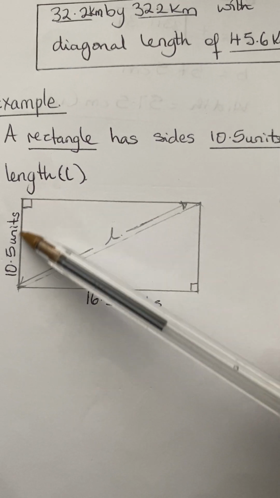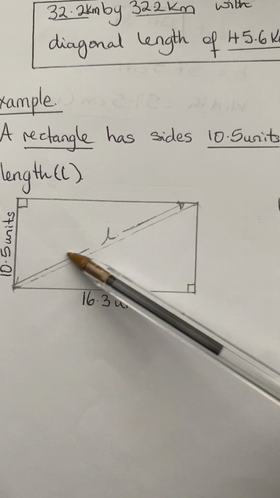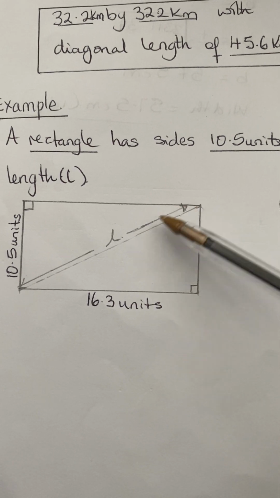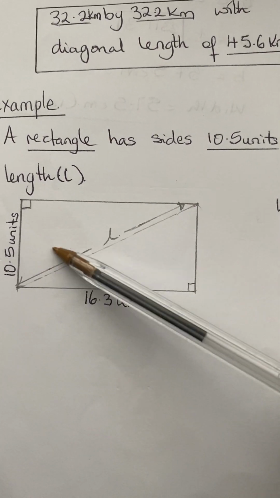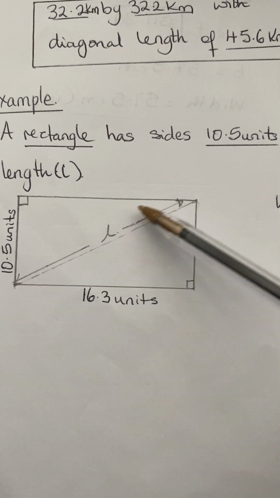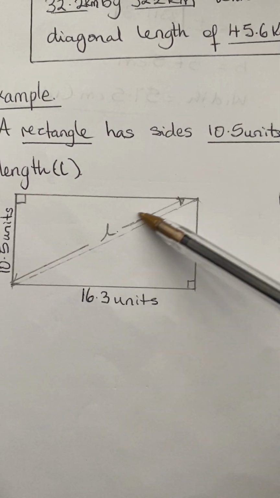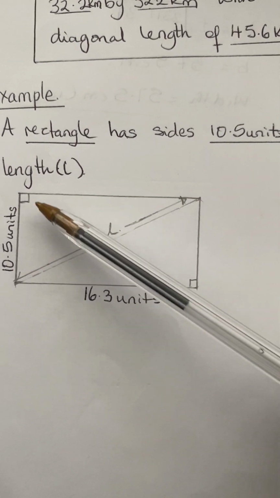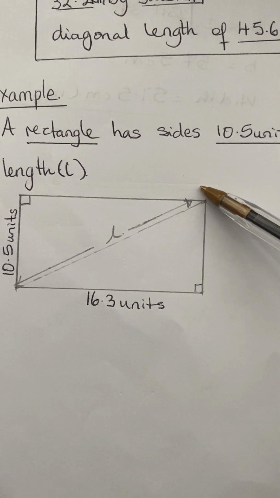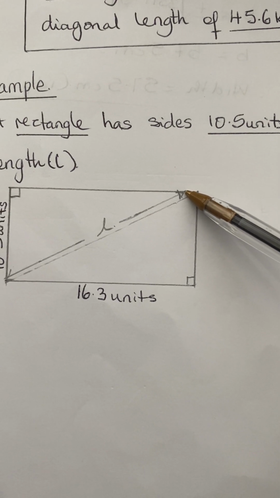If this is my width and this is my length, and they ask me to find the diagonal, I can do that. This will be like a swimming pool. If you swim from there to there, in real life, that is the distance you've traveled, assuming you swam in a straight line.